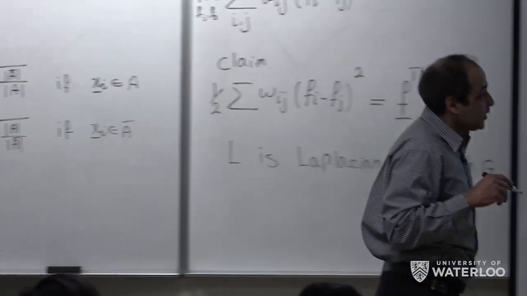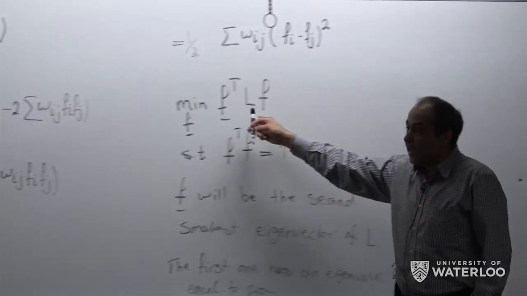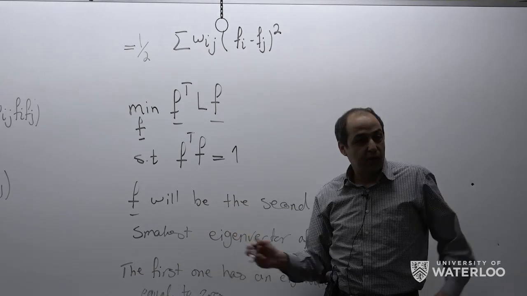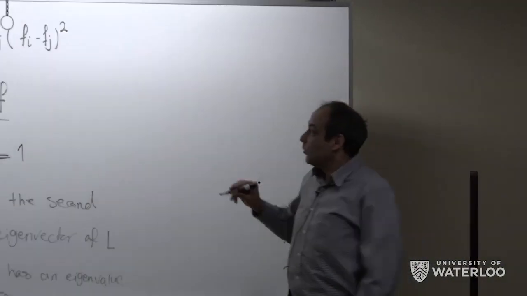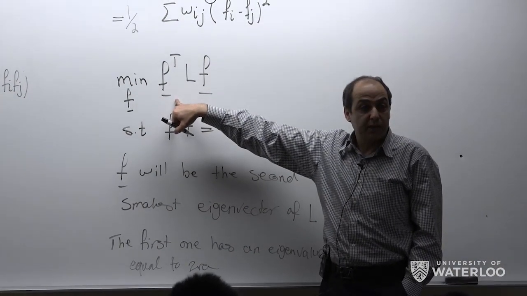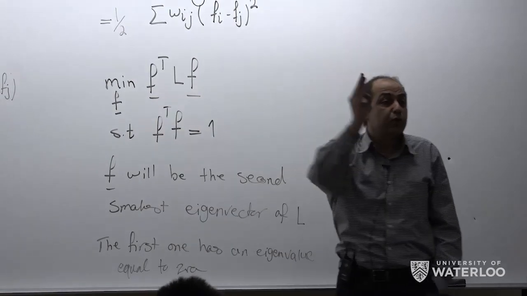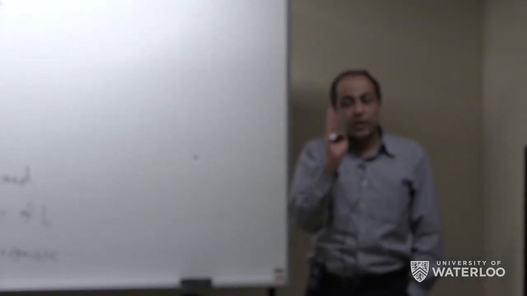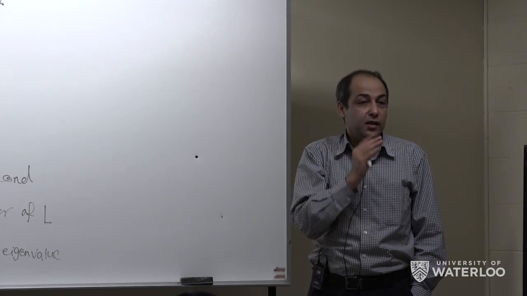If you have 2 clusters, you take the smallest eigenvector, and then you decide based on the sign, negative and positive. But suppose that you want to cluster the data in 3 clusters. In this case, you will take 2 eigenvectors of L, not only 1. If you want to cluster data in k clusters, you take k minus 1 eigenvectors.